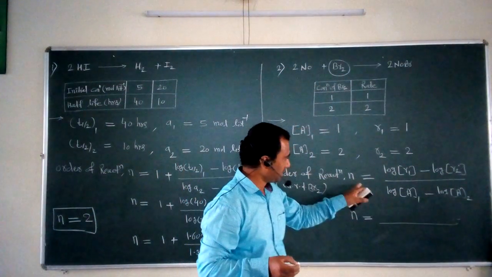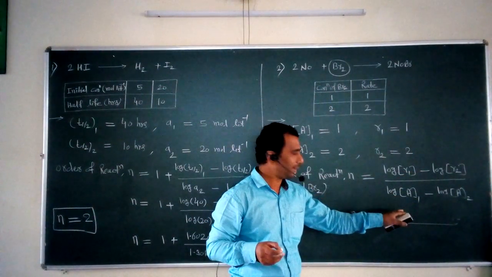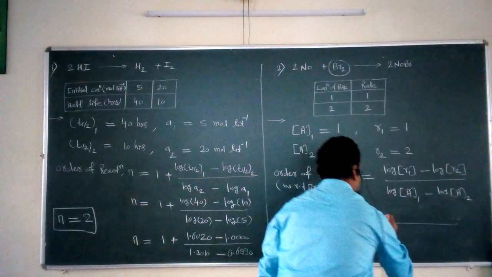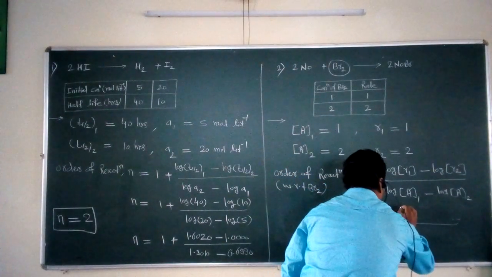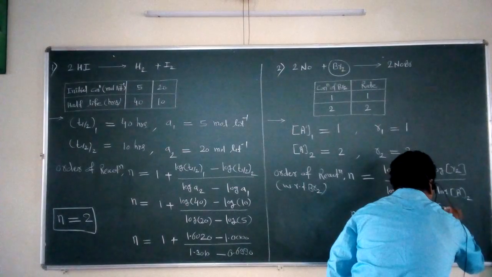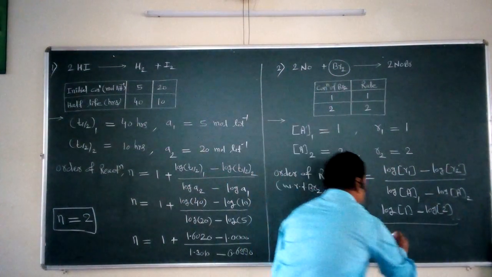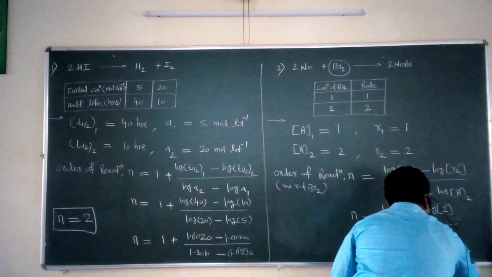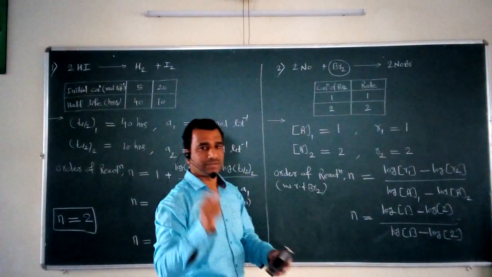After that, we just substitute the values for A1, A2 and R1, R2. Our equation is N is equal to log R1 minus log R2 divided by log A1 minus log A2. Substituting these values, it becomes log 1 minus log 2 divided by log 1 minus log 2.